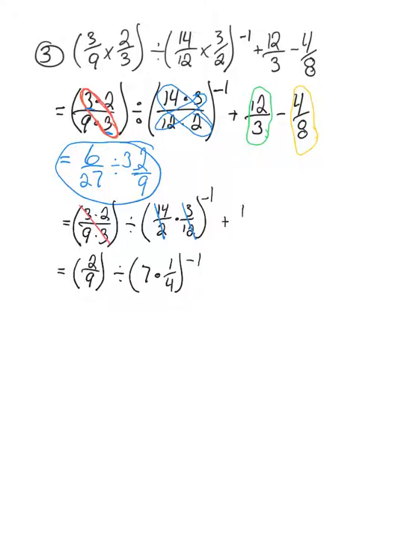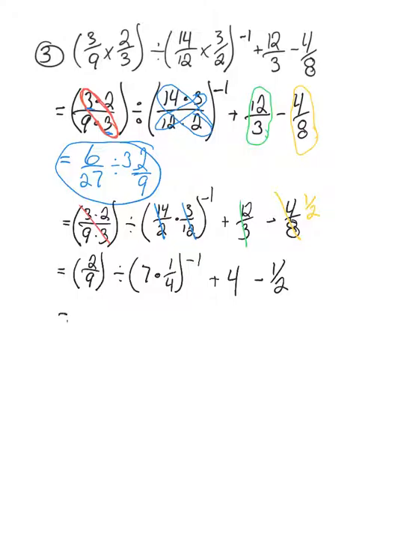Now plus 12 thirds, and that can be reduced by dividing both sides by 3, sorry. So that leaves you with a 4 minus 4 eighths, which can be reduced to 1/2 by dividing both sides by 4.